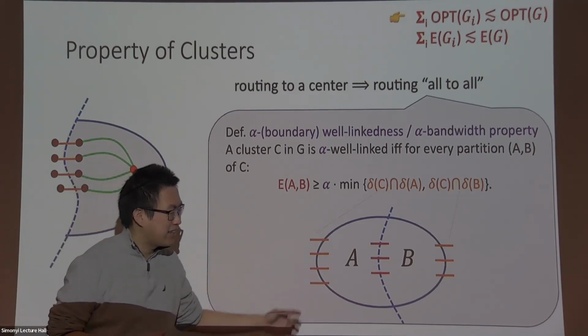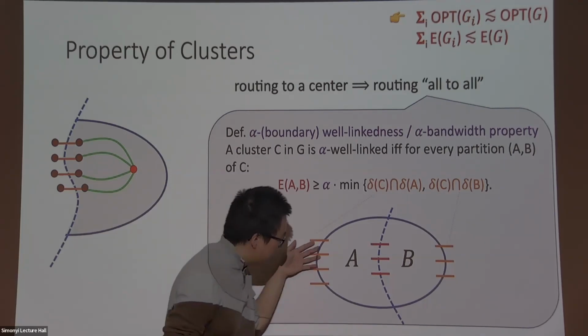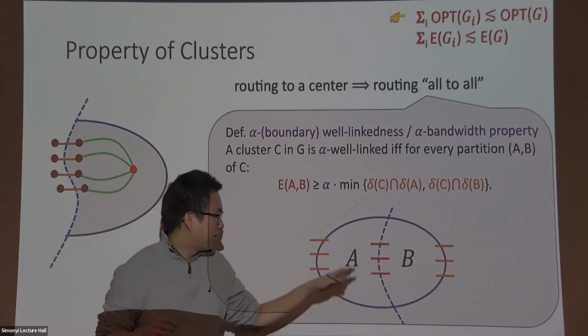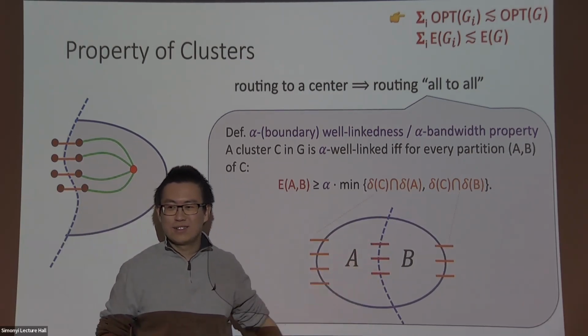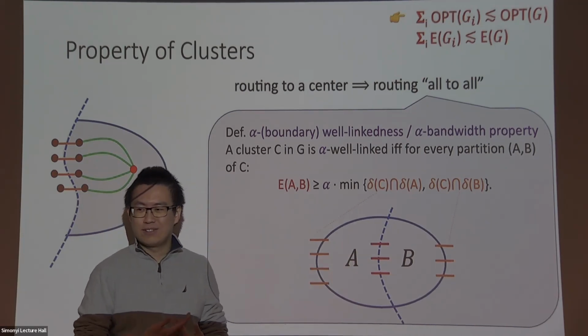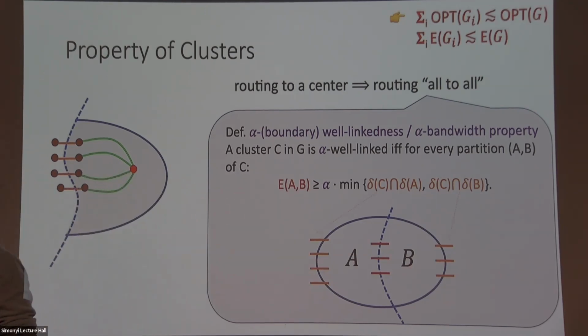Well-linkedness is saying that we can send all to all, right? And if you want to send from these 4 to these 3, you have to basically send 3 units of flow. And this is saying that the cut is not smaller than 3. So it stops this cut from forbidding you to send the flow. And as the flow-cut gap is small, so for s-t flow, s-t flow equals s-t cut.